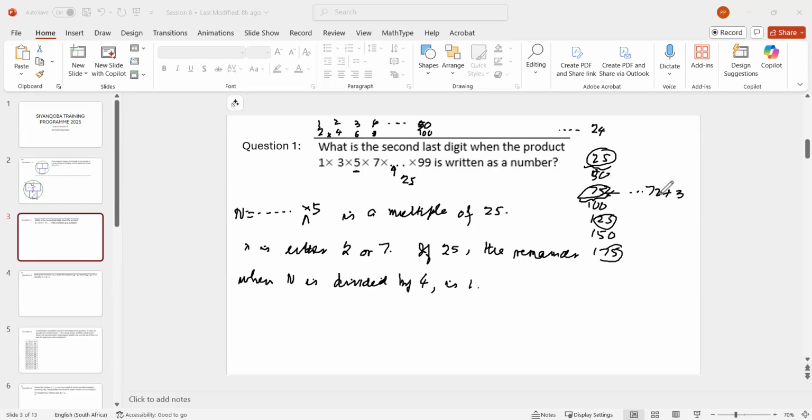I'm taking the closest multiple of 4. 4 times 18 is 72, and the remainder is 3. So if it ends in 25, the remainder is 1, and if 75, the remainder is 3, right? So the question is now, when I divide the large number by 4, what is the remainder? Is the remainder 1 or is the remainder 3? So that becomes the problem.